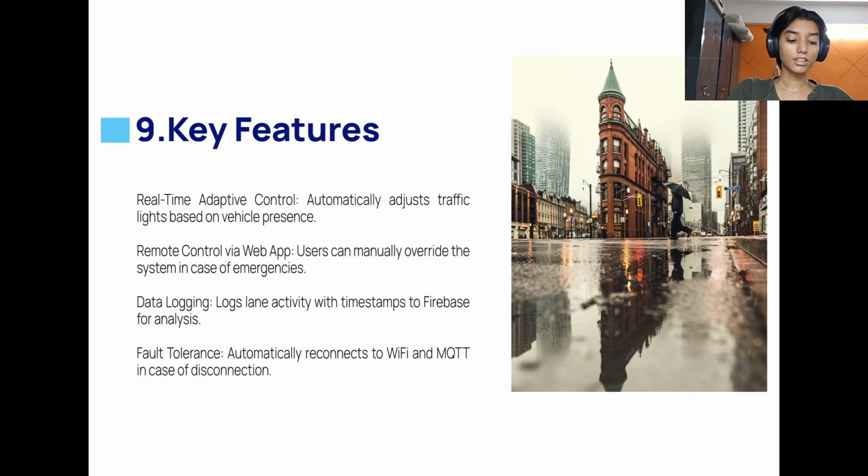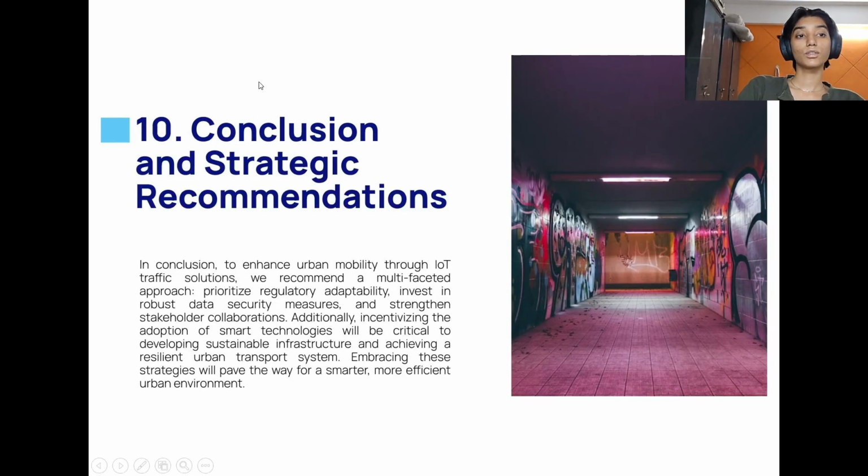And the other thing is the backup option: if the Wi-Fi isn't working properly, the functionality of the traffic system will still work, and it will also try to reconnect to the MQTT and the Wi-Fi so that it can transfer the signal, because otherwise the manual part won't be working.